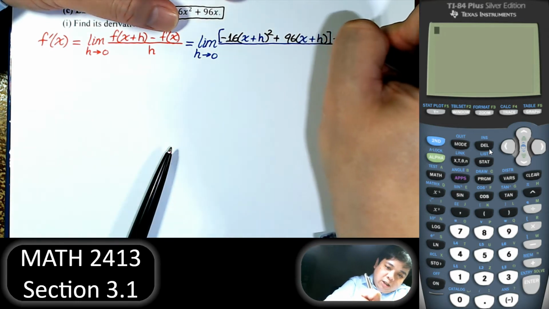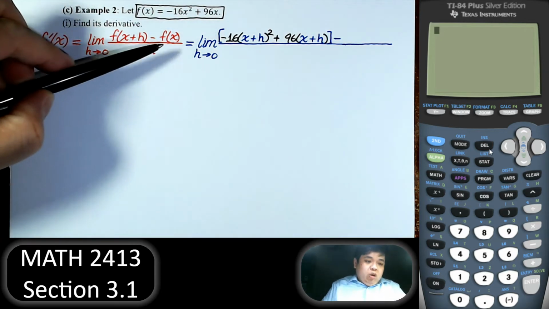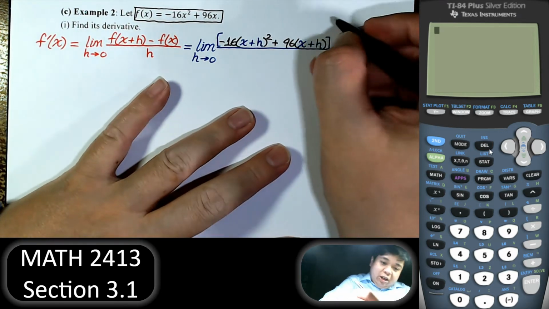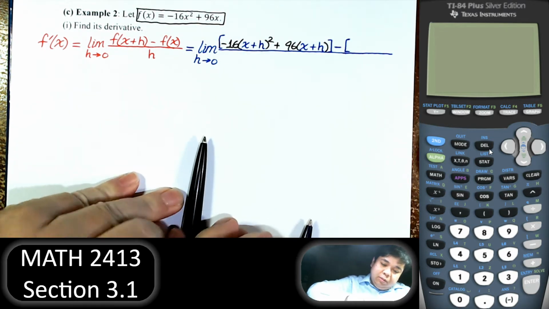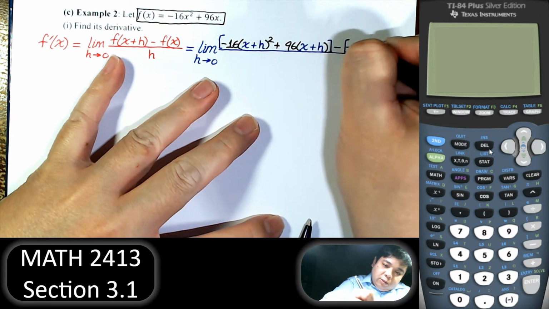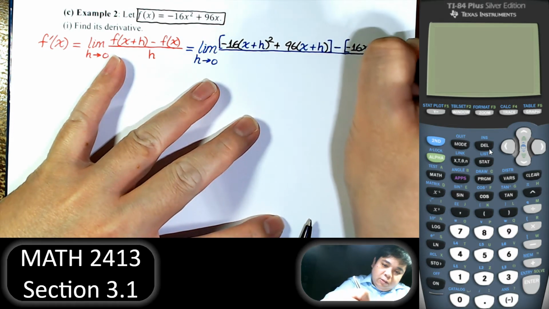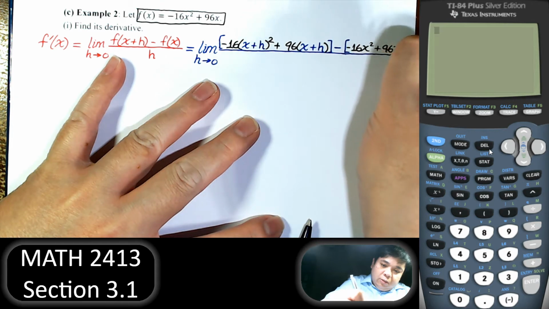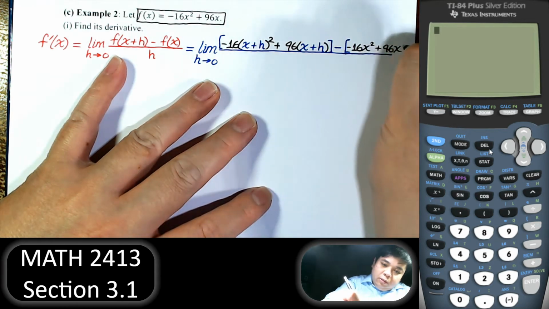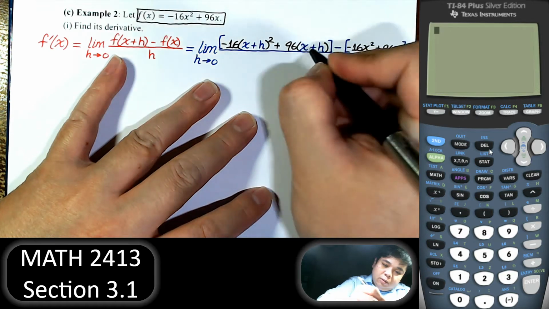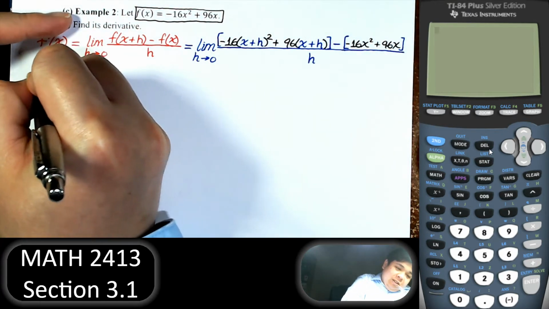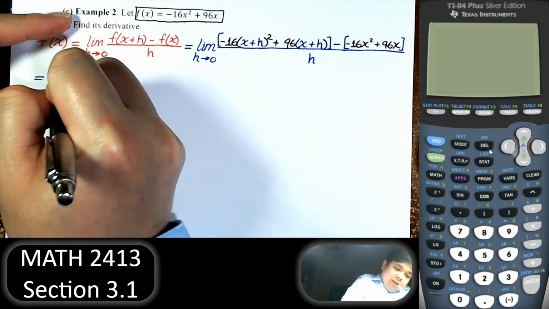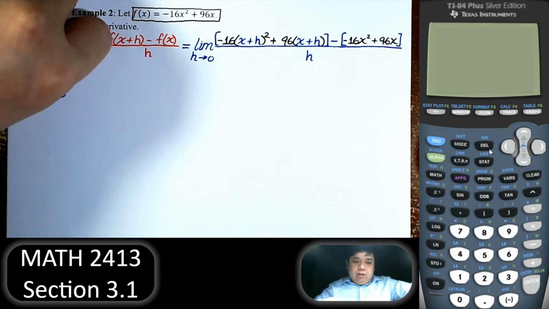And then subtract f of x, which is the same thing, so I don't do anything, just rewrite the function. Just like the last one, multiply it out and simplify.